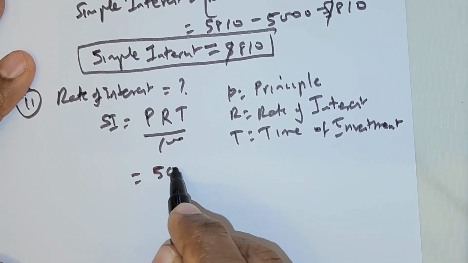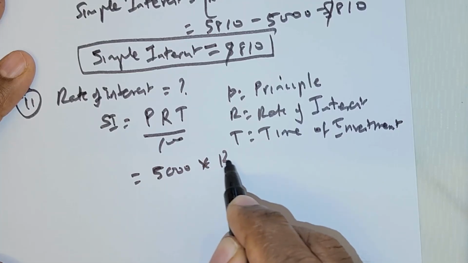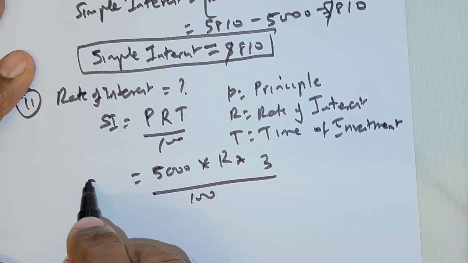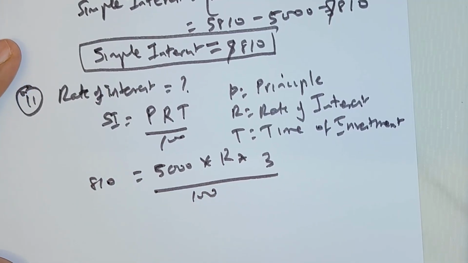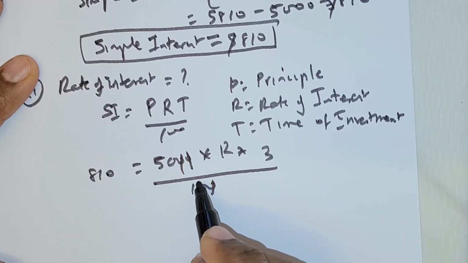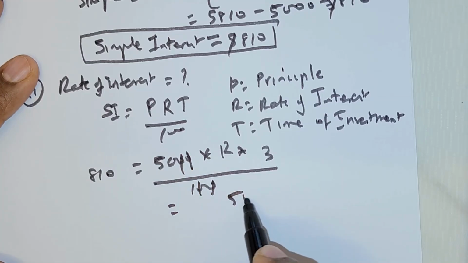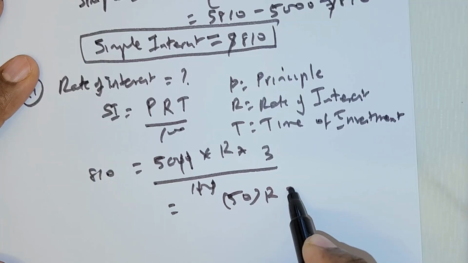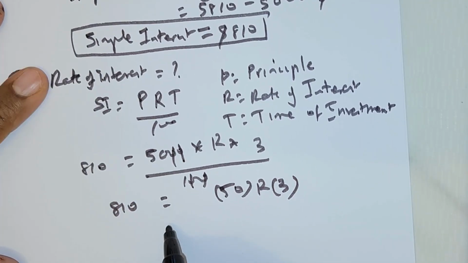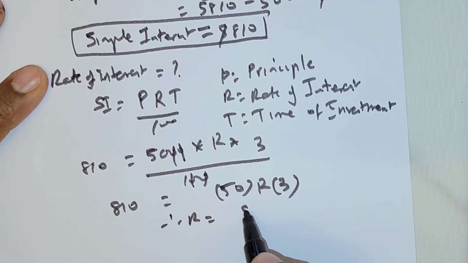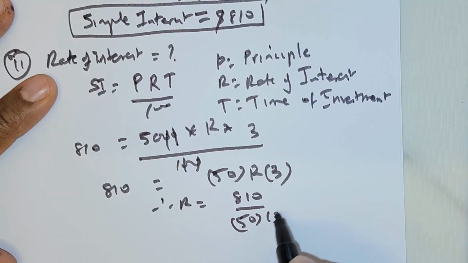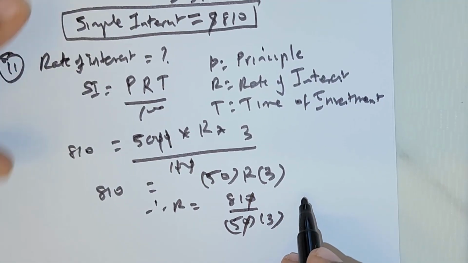So principal is 5,000, rate we need, the time is 3 years, over 100, and the interest is 810. Cancel the 2 zeros, you are left with 50 times R times 3 is equal to 810. Bring everything to the left and rewrite it as R is equal to 810 divided by 50 into 3. The 0 gets cancelled.